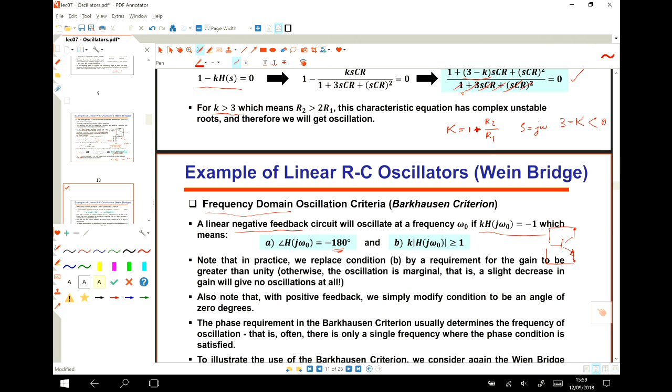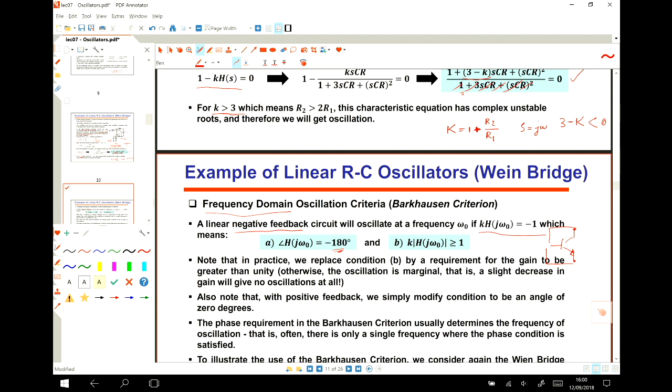Why greater? Usually we put it greater because the system has loss, and we need the noise to increase and then reach the limiting point.